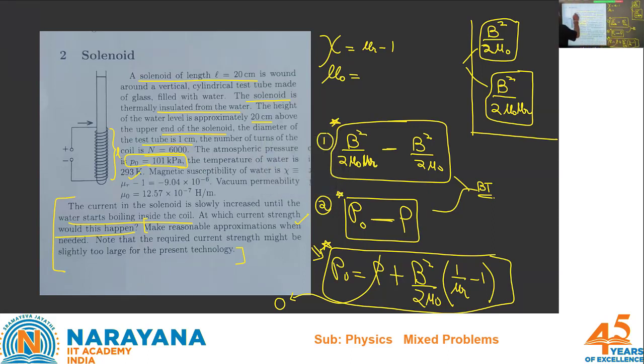Just check what that equation is getting converted to. क्या आ रहा है आपका? It should come out as P naught is equal to, what is the term we are getting? Minus chi B square divided by 2 mu naught. ऐसा कुछ आना चाहिए.